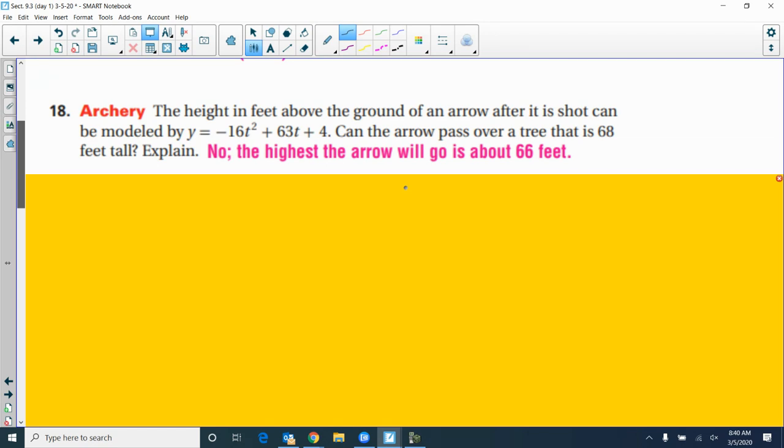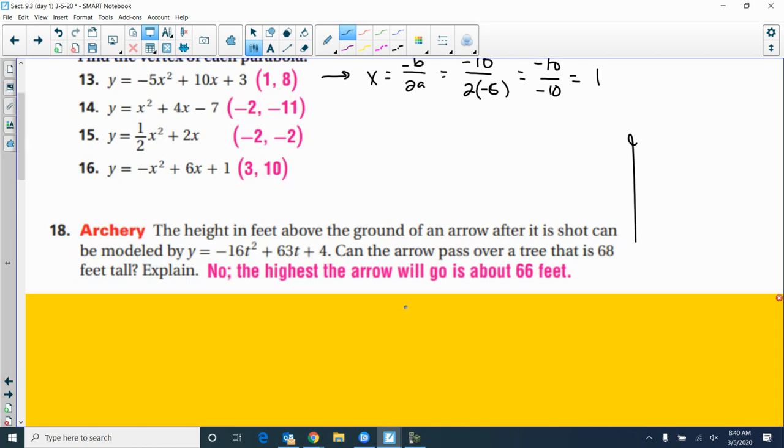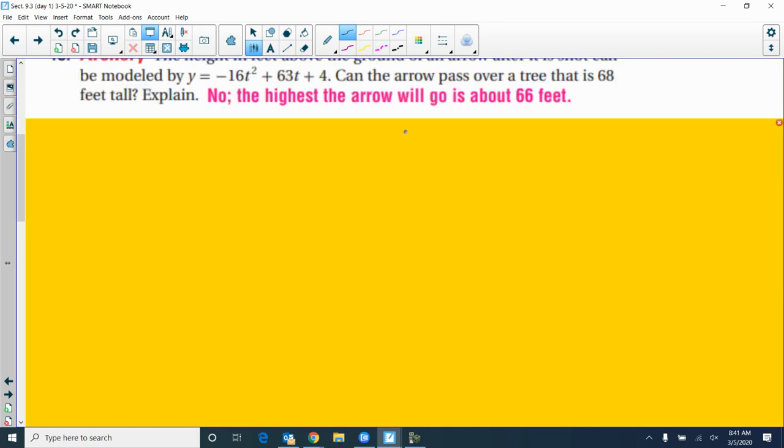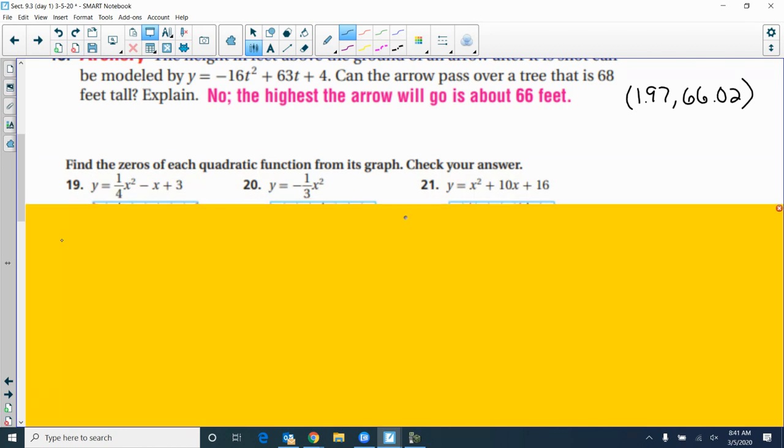All right, so it didn't come out to a nice number. That's okay. 1.97, and then what'd you actually get, Bella, for the y value? 66.02. Okay, 66.02. So it comes close, but it doesn't get up to 68 feet. So very good there.